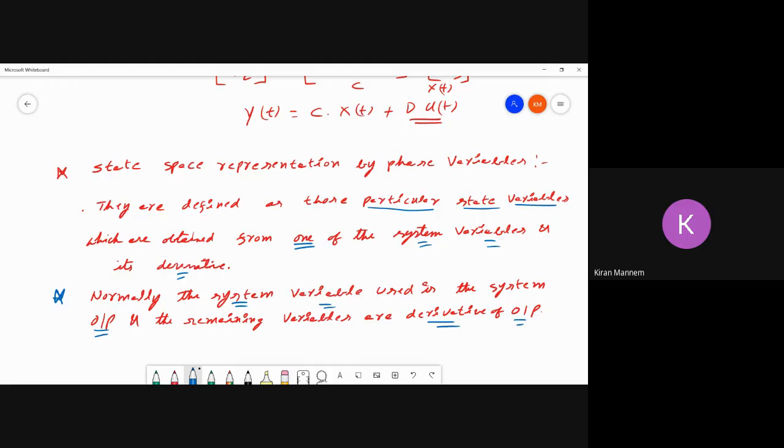Generally, phase variables are not physical variables of the system and therefore are not available for measurement and control purposes. But phase variables establish the link between the transfer function design approach and the time domain design approach.